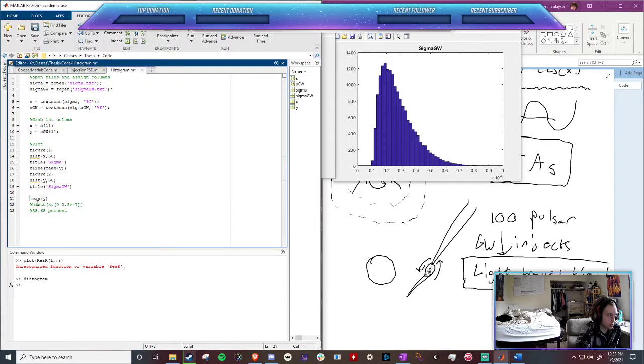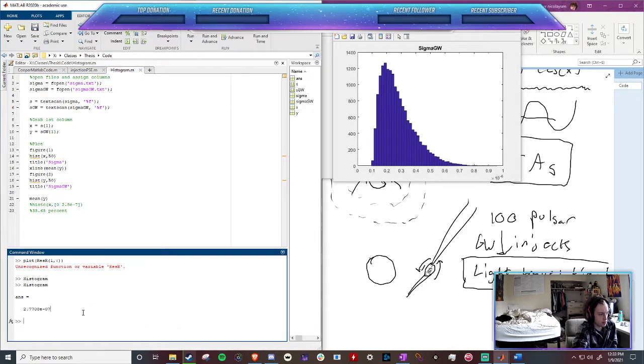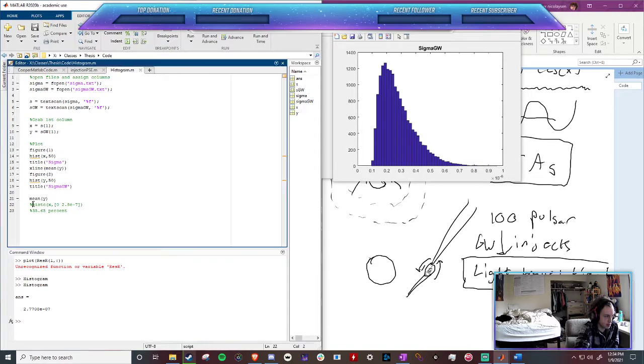So really quick, I'm just going to print the mean y. Yeah, so we can see the mean is around 277 nanoseconds. What is this one?